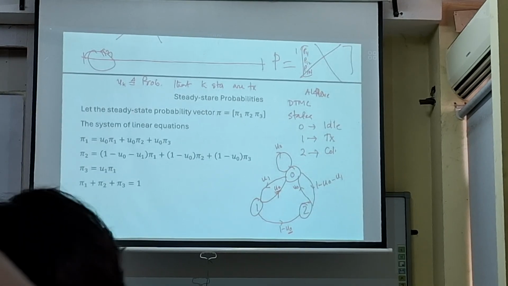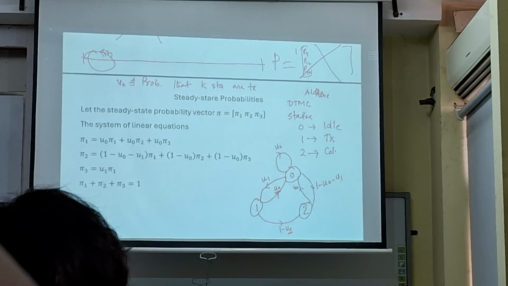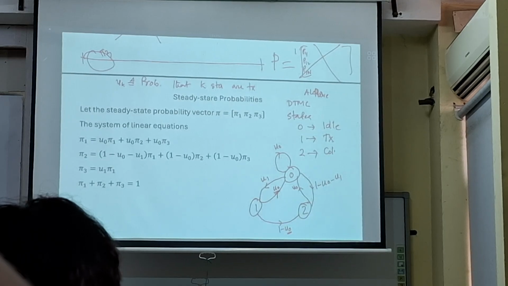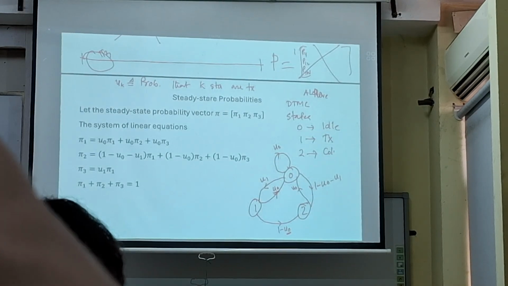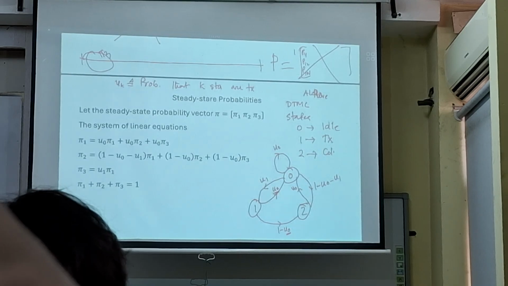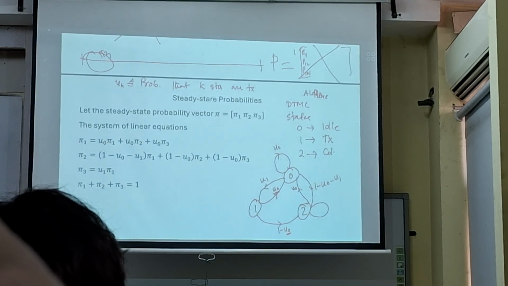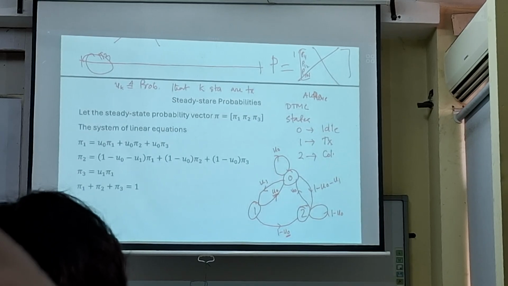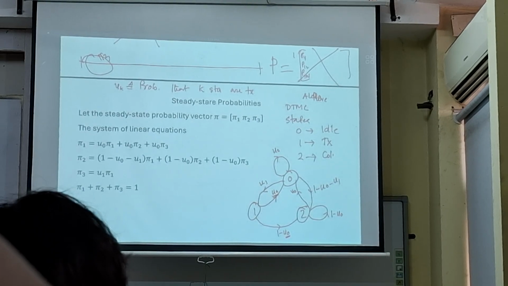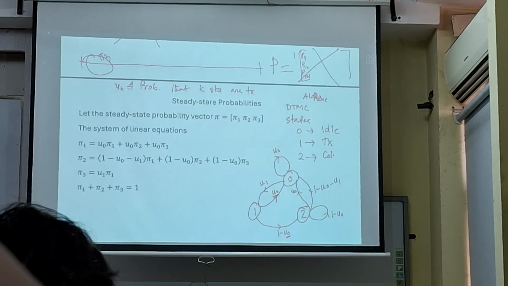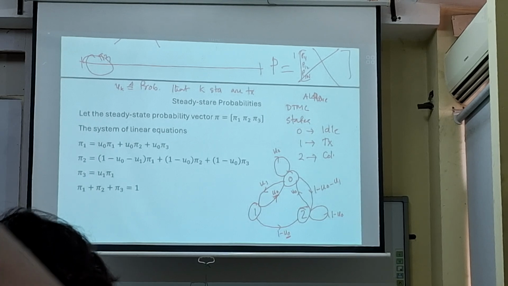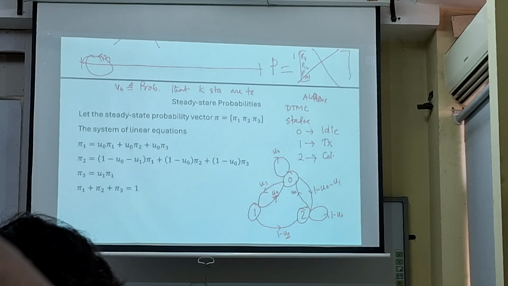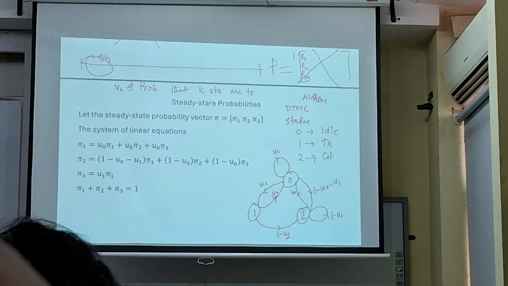From a collision state, we cannot move on to the transmitting state, because to be in the transmitting state, the network should be idle first. We can remain in the collision state with some probability. Collision can also last long, because before the collision is cleared, another station can start transmission, then another station.